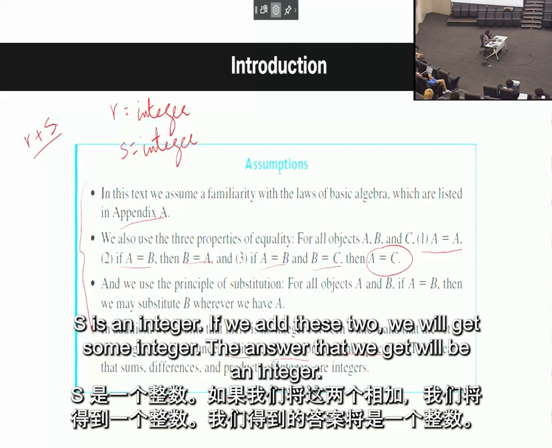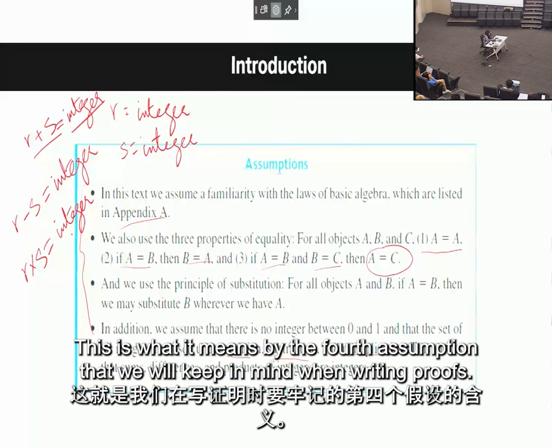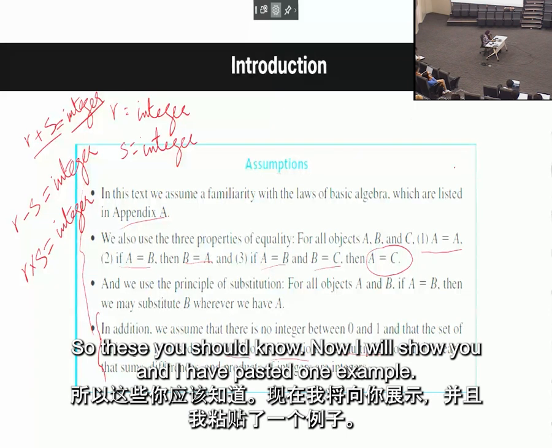If we add these 2, we will get some integer. The answer that we get will be an integer. If we subtract these, then the result will be some integer. If we multiply these, the result will be some integer. Okay, this is what it means by the 4th assumption that we will keep in mind, okay, when writing proofs. So these you should know.